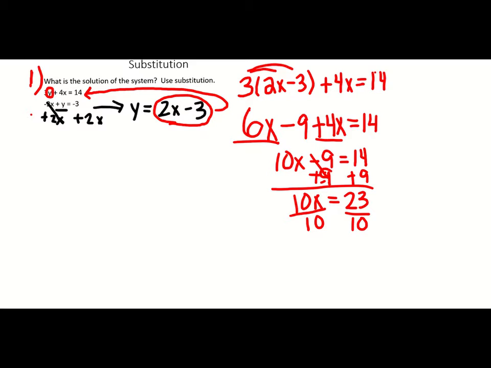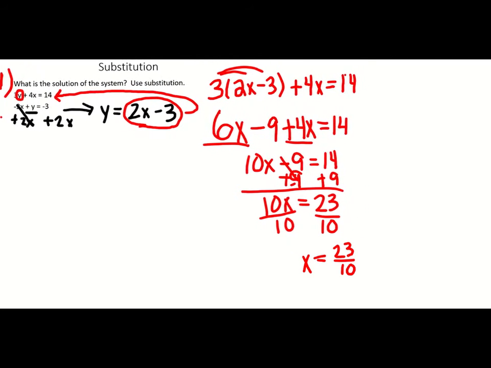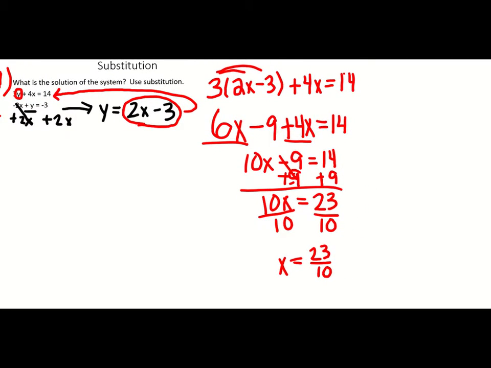Now, once I have my x value, I also have to figure out my y value. I'm going to figure out my y value by plugging this x value back into one of the equations. I again like to be strategic about this, so I'm going to plug back into the one I already solved for y.